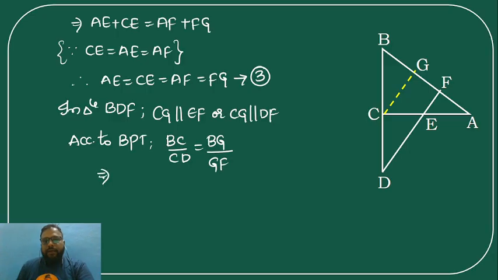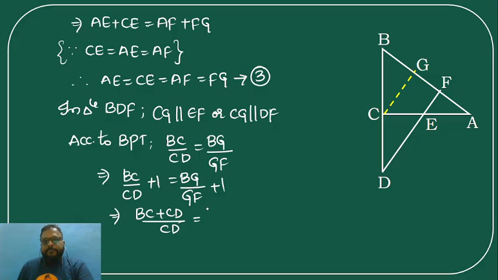Now add 1 on both sides. So when I add 1 on both sides, I will get BC by CD plus 1 is equal to BG by GF plus 1. So on taking LCM here, I will get BC plus CD by CD is equal to BG plus GF by GF. Now see the figure here.